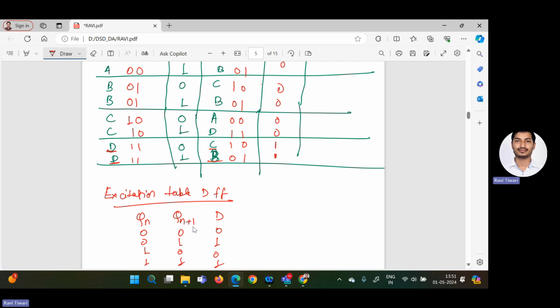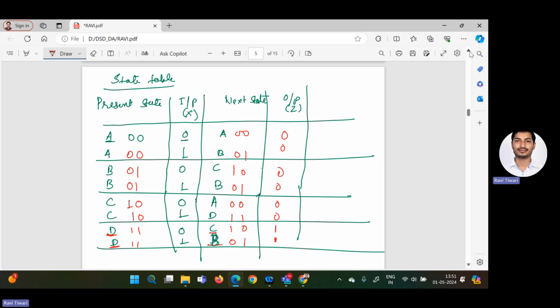The good thing with the D flip-flop is that whatever your next state is, it is similar to the value of D. Now here you see in the state table, I am assuming this is Q1 and this is Q0, as this is the present state. I will represent Q1 plus 1 and Q0 plus 1 to show that these are the next state for this present state.